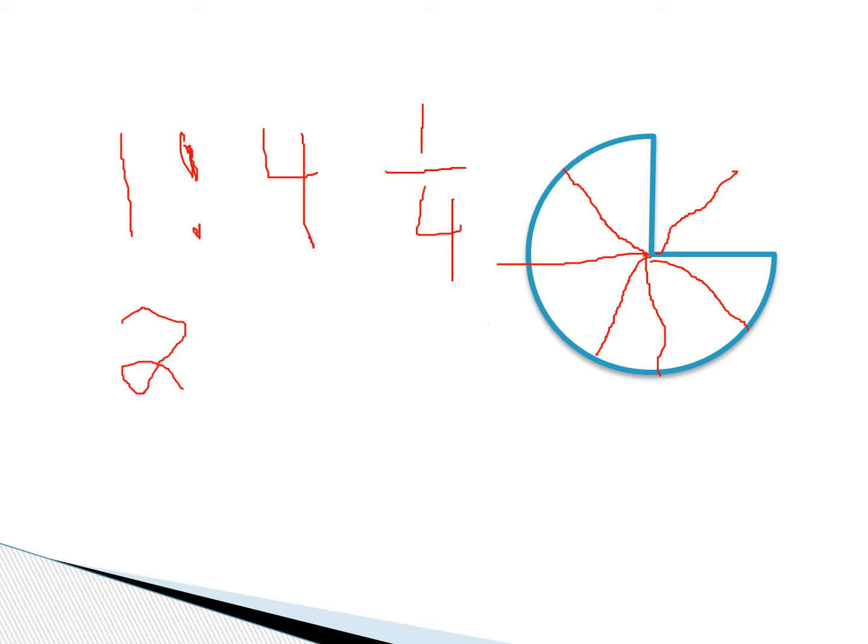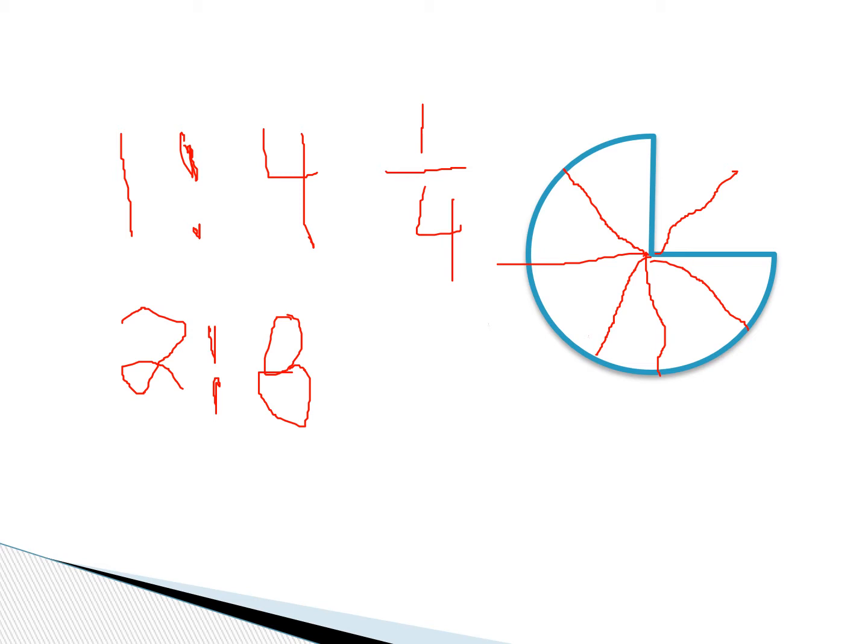So we'd have 2 to 8. That is an equivalent proportion, or equivalent ratios. They're basically the same thing because 2/8 can be reduced down to 1/4.